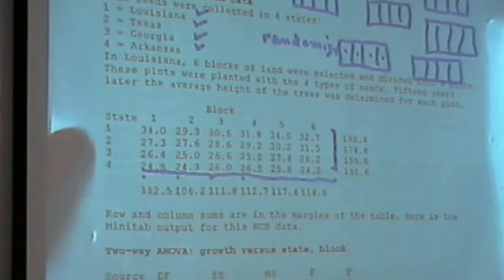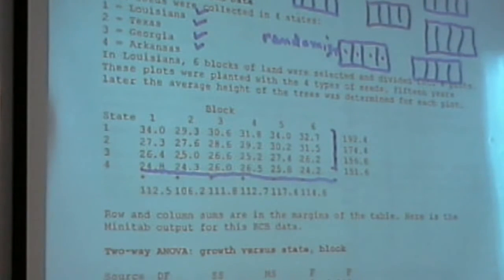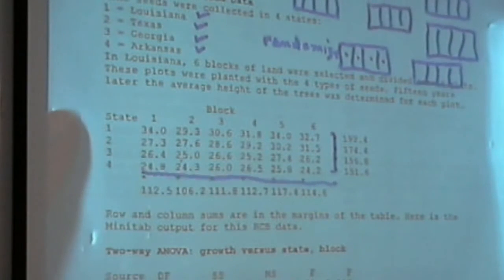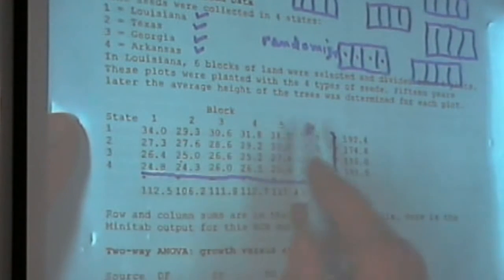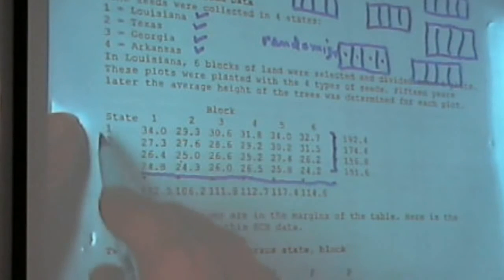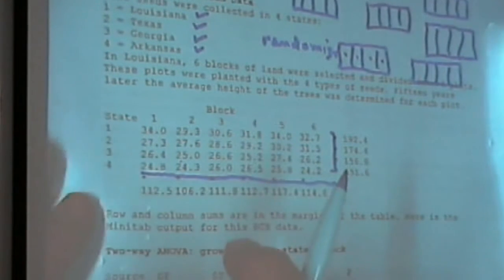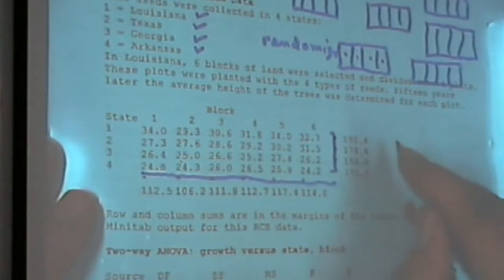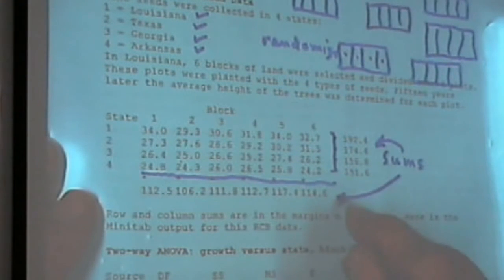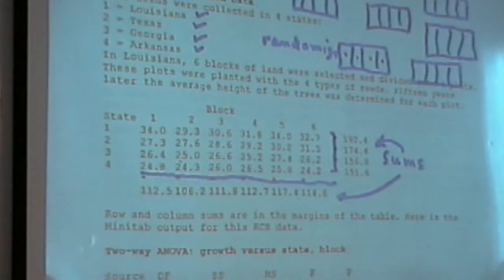But that's artificial. We can have it either way we want, just make sure we keep it straight. So the blocks are on the top, 6 blocks, and the treatments are on the side. Here's the sums. These aren't the means, I should have put the means here. They're the sums, actually.